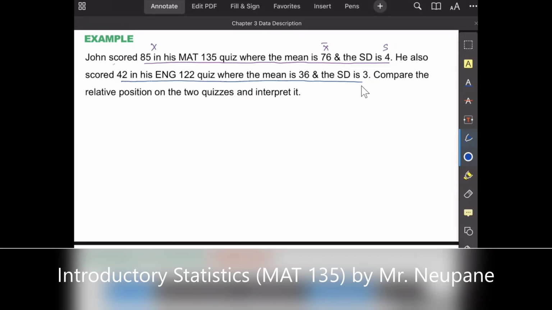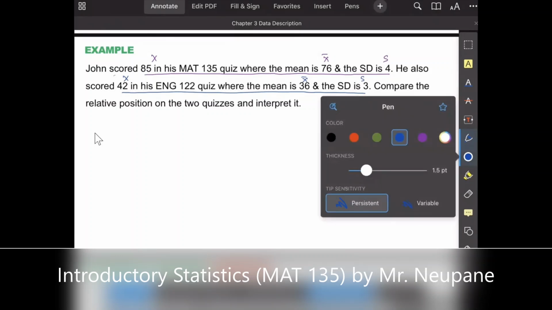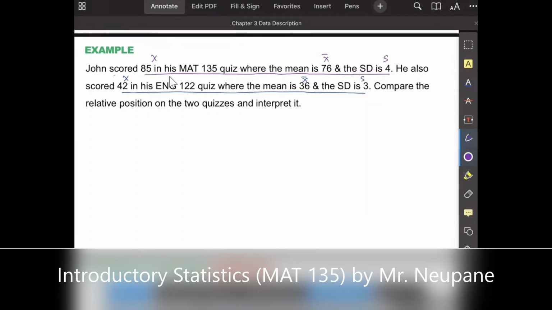Now, what we are asked to do is compare the relative position on the two quizzes. Is the question clear to you? The question is asking in which test, Math 135 or English 122, he did better. They have given the mean and standard deviation for both, and also his score. To find out in which exam he did better, we have to find the z-score for each.